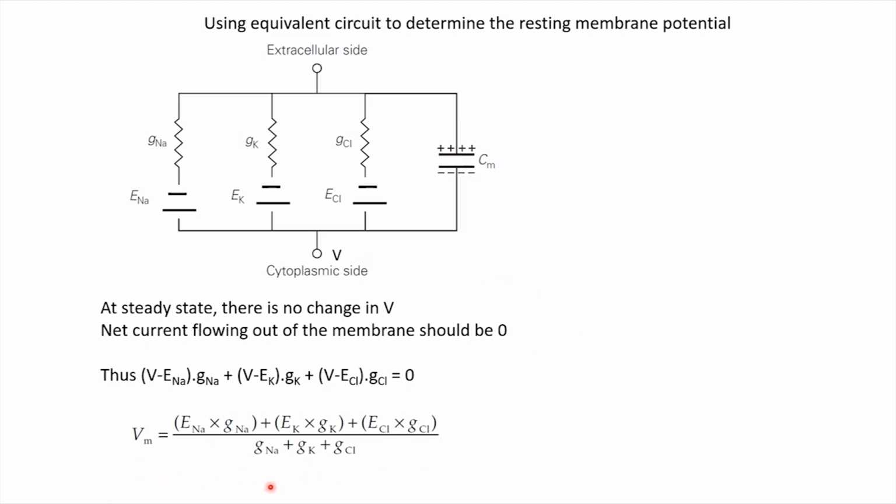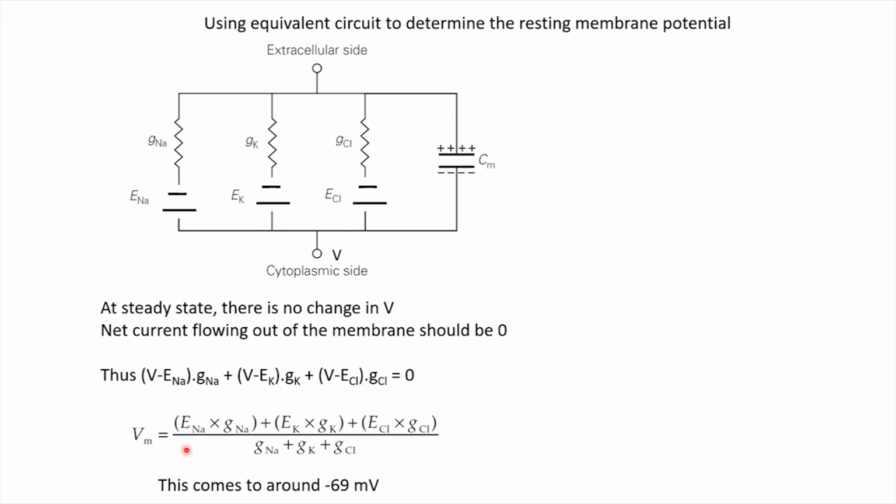So this will be the resting membrane potential for this neuron if these are the three channels that are controlling the membrane potential. And if we plug in the values for the squid axon, we get values around minus 69 millivolts, something between minus 65 and minus 70 in most neurons.